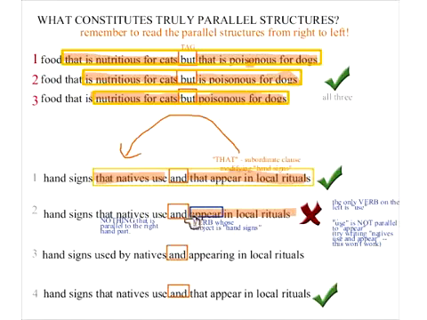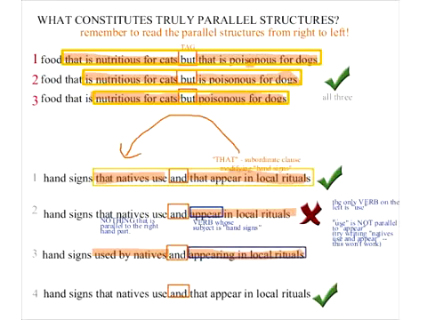Okay, now number 3 is going to make some of you guys mad. This is "appearing in local rituals," and this is "used by natives." Okay, this "appearing," that's what's called a participle.